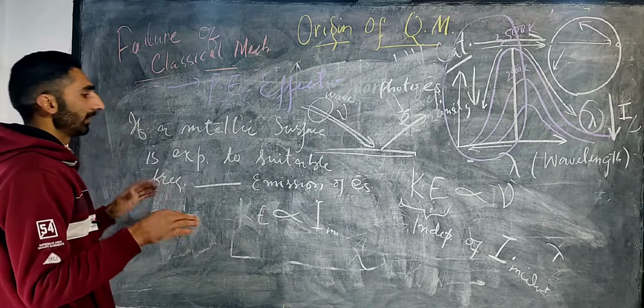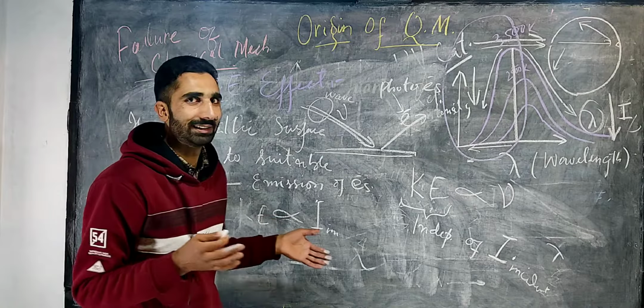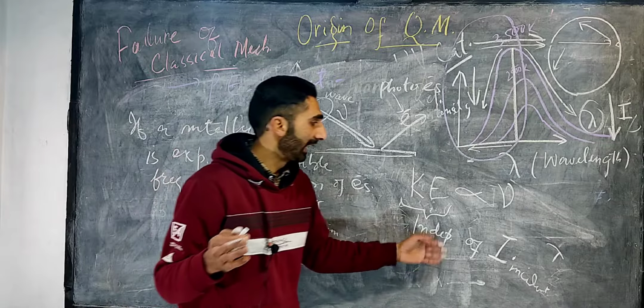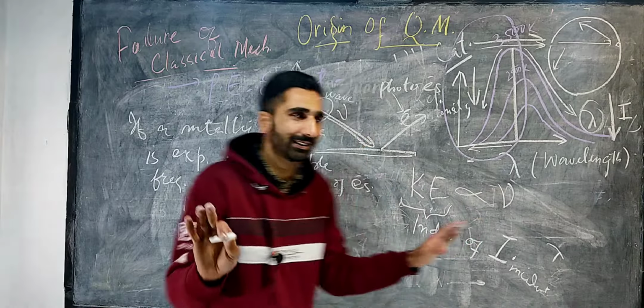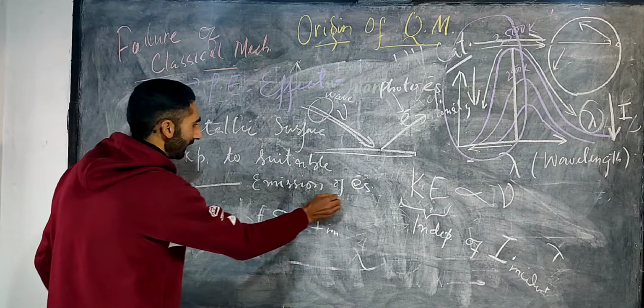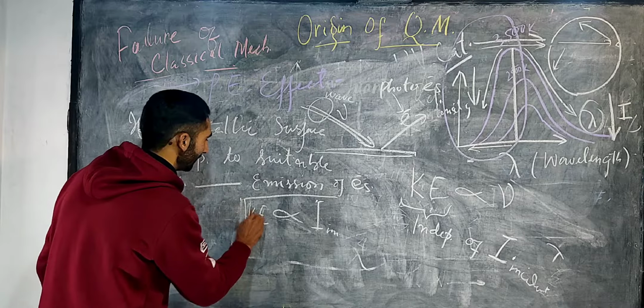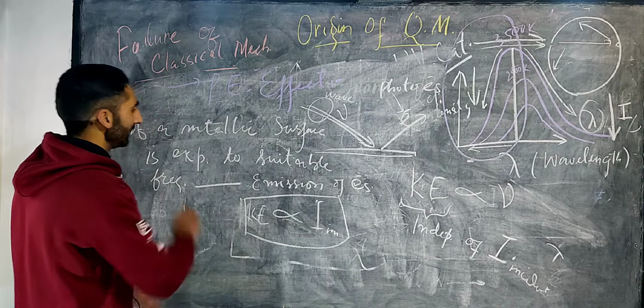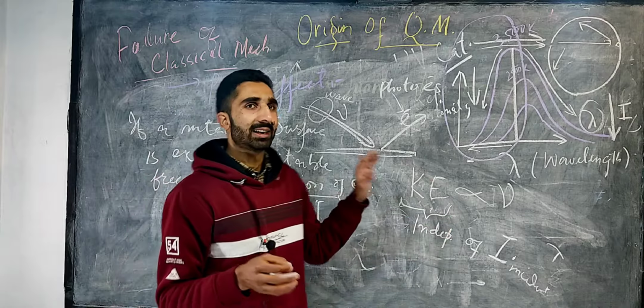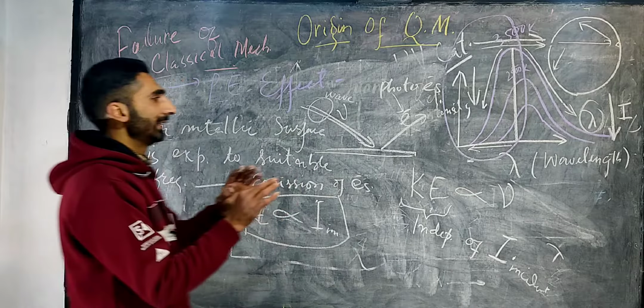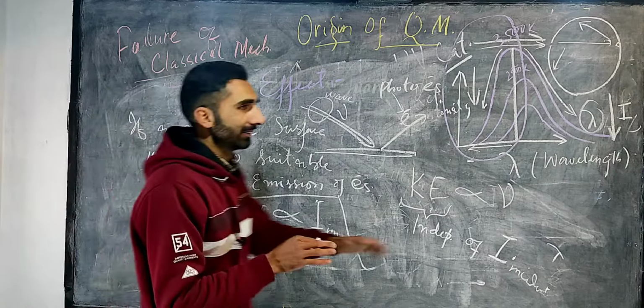With the increase of intensity, there should have been an increase in the kinetic energy, but that was not the case. Experimentally, it was observed that kinetic energy is independent of the intensity of the light. So there was a failure in classical mechanics. We said that kinetic energy is proportional to the intensity, but experimentally it was observed that kinetic energy is not proportional to the intensity, but in fact proportional to the frequency.